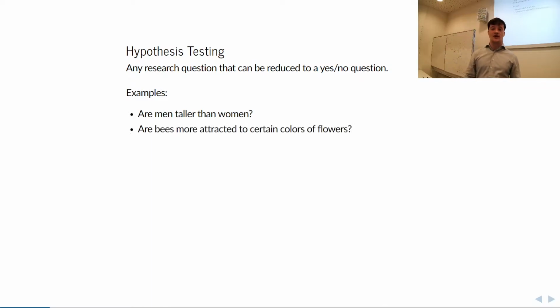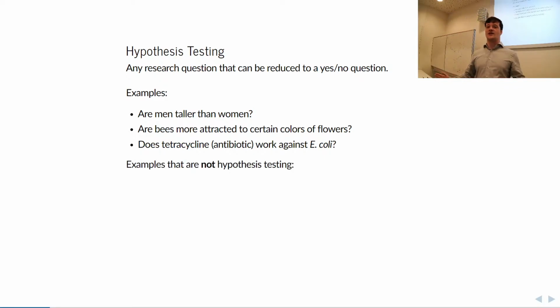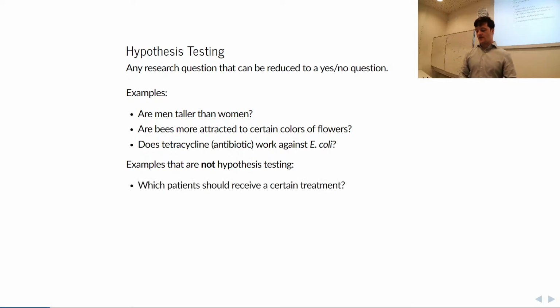Are bees more attracted to certain colors of flowers than other colors of flowers? And does a certain antibiotic like tetracycline work as an antibiotic against a certain bacteria like E. coli? But of course you cannot reduce everything to a yes or no, and that would be stupid. You would really limit yourself as a scientist. So think of which patient should receive certain treatment.